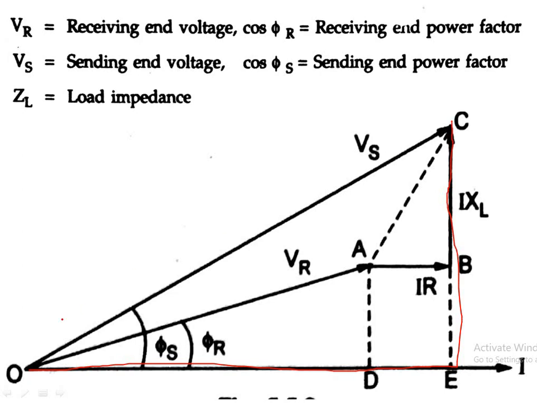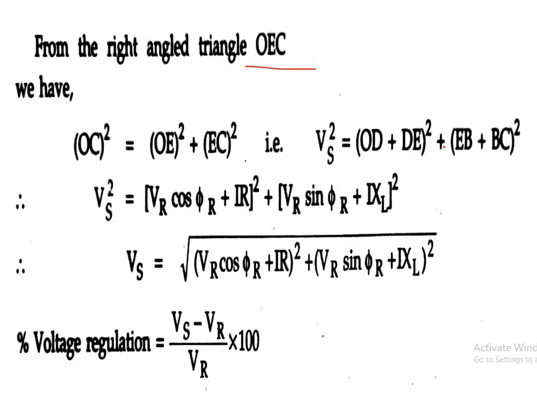That is a right angle triangle. Considering this triangle, apply the Pythagoras theorem. By applying the Pythagoras theorem, what will we get? You get OC square equals OE square plus EC square. You can get the Pythagoras theorem.